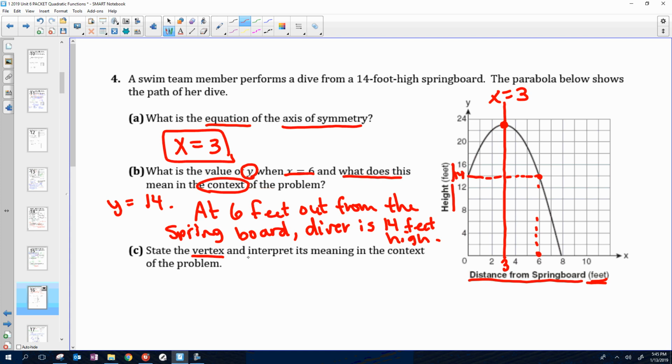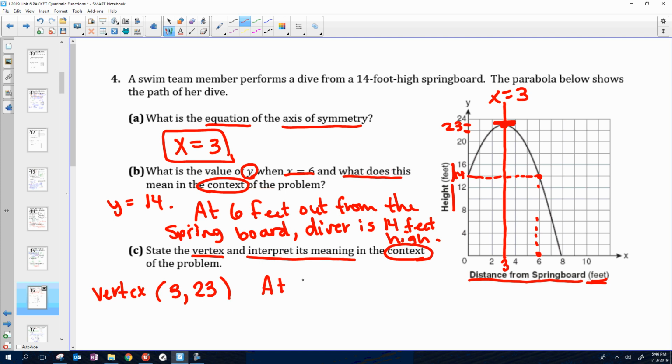State the vertex and interpret its meaning in the context of the problem. So the vertex, that's that maximum point we saw at 3. I'm going to take a guess. This would be 22, so I'm going to say 23 looks like the height there. 3, 23 is the vertex. Interpret its meaning.